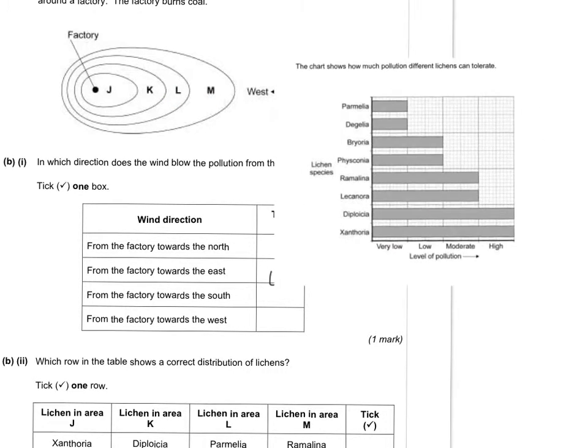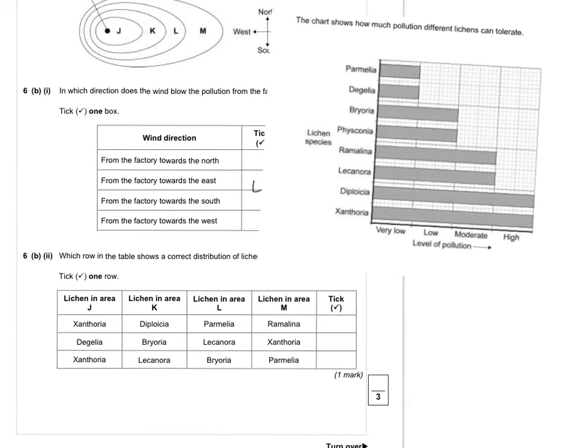So if we look at the diagram and then look at our options, one of the species that should be close to the factory is either going to be the Xanthoria or the Diploicia. So we're looking for a lichen in area J to be either the Xanthoria or the Diploicia. Immediately we can rule out this row here, because neither the Xanthoria nor the Diploicia are in area J. In area K, we're looking for lichens that can withstand a moderate amount of pollution, so lichens that are going to be about here.